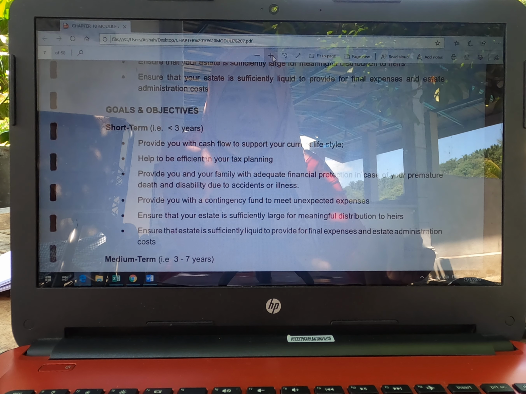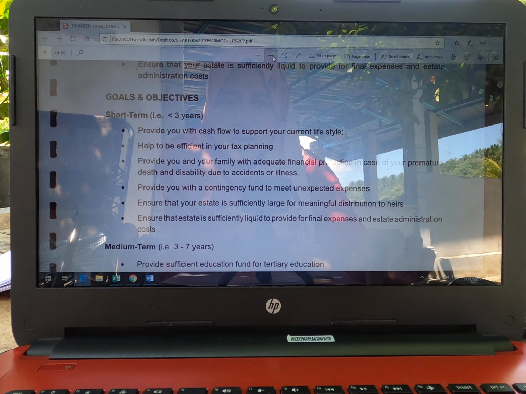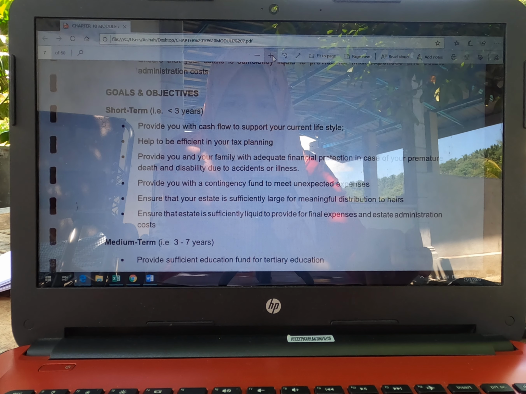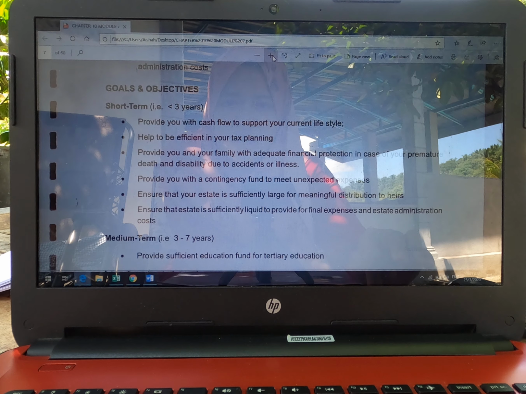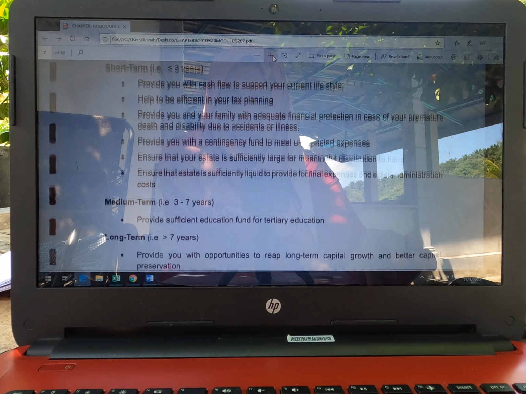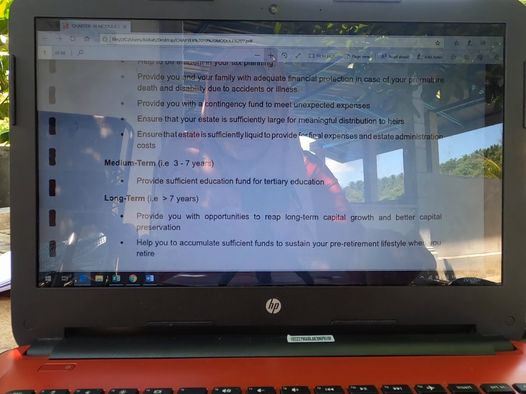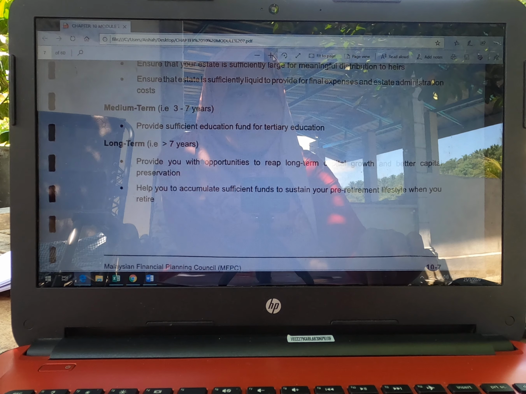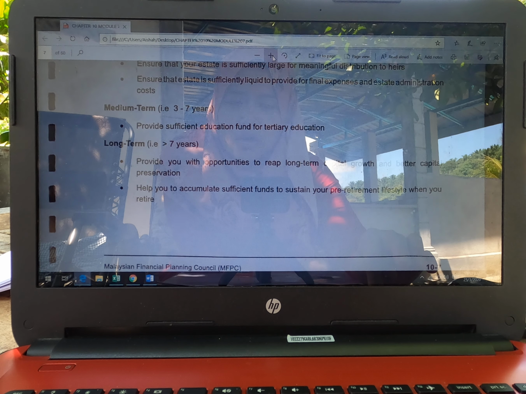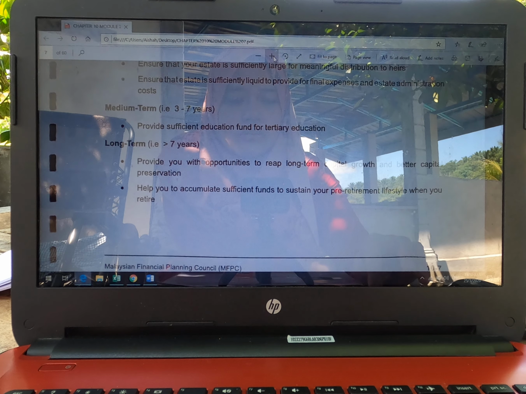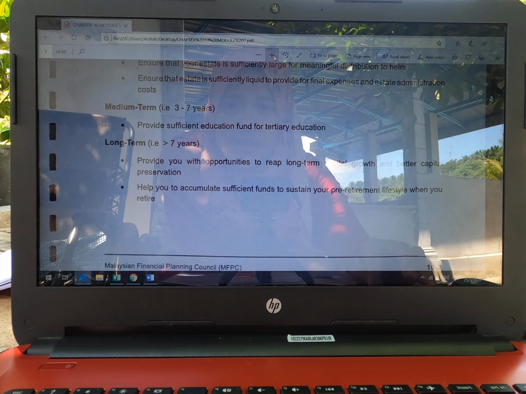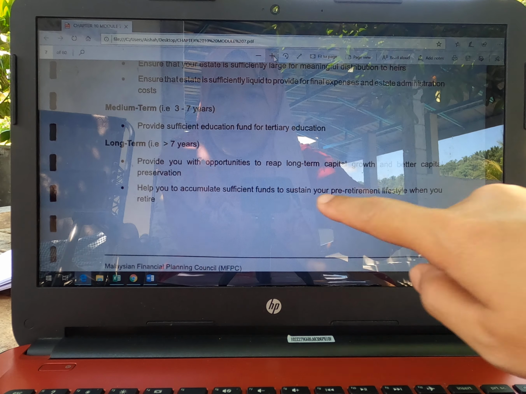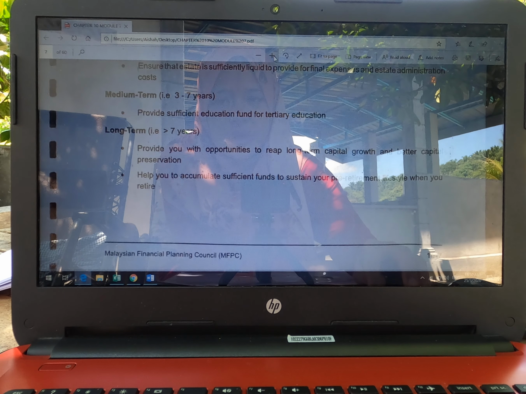Short-term goals and objectives are those of less than 3 years, for example to provide sufficient cash flow to support the current lifestyle. Medium term refers to 3 to 7 years, while long term is more than 7 years. For example, if in the next 10 years your clients will send their children to university, it is considered part of the long-term planning for your client.